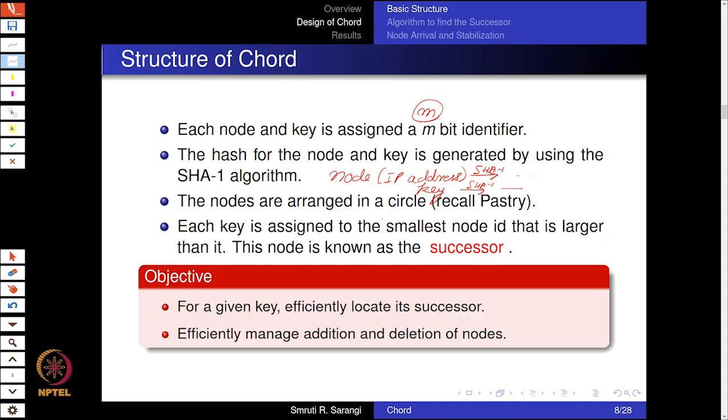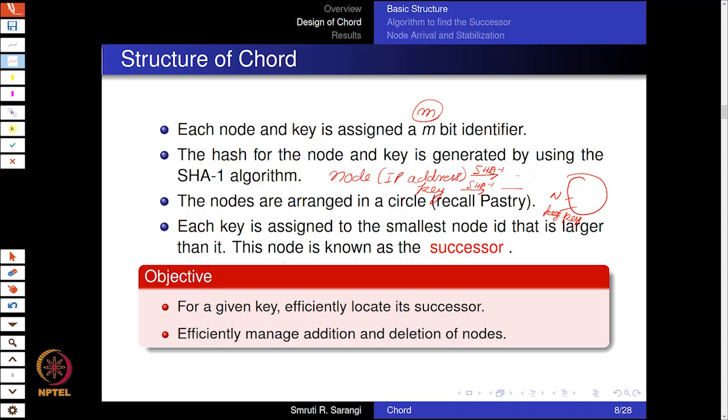The nodes are arranged in a circle similar to Pastry. The major difference with respect to Pastry is that each key is assigned to the smallest node ID that is larger than it, or call it a clockwise successor. Alright, so that's the most important thing, that each key is assigned to the node that is just larger than it. So basically it's the clockwise successor.